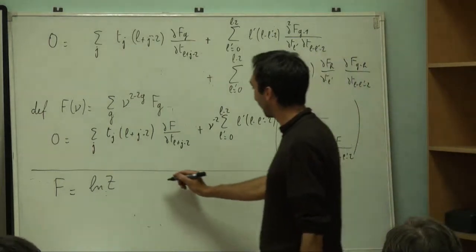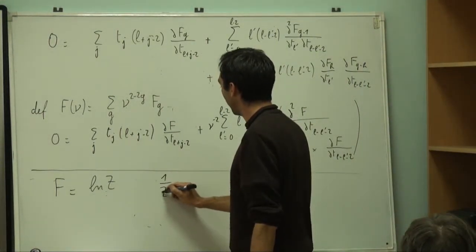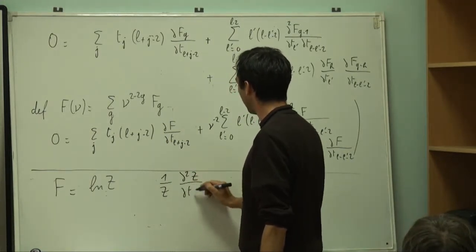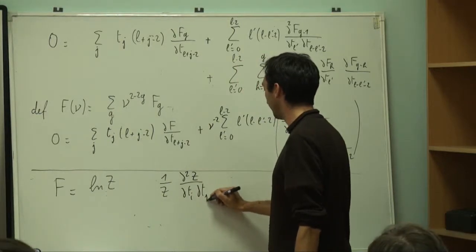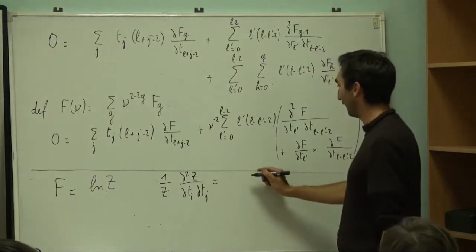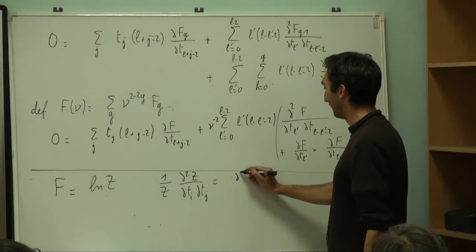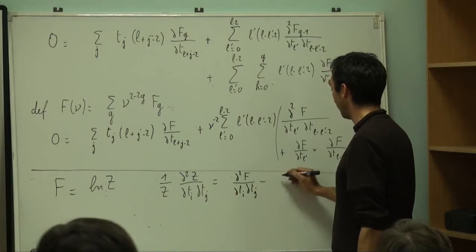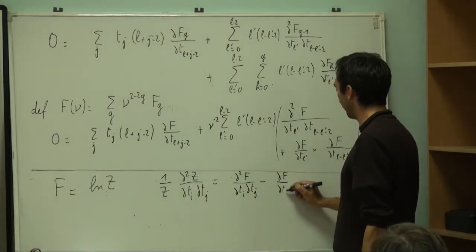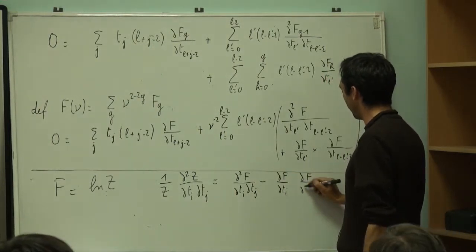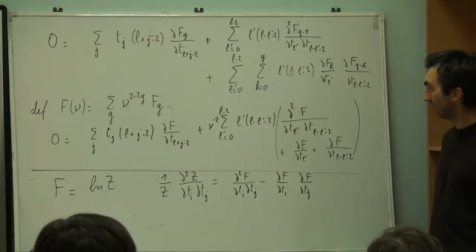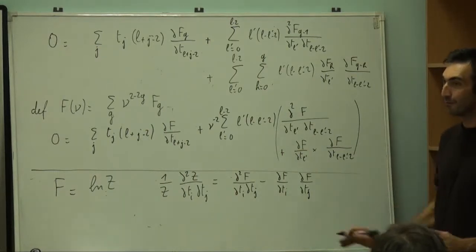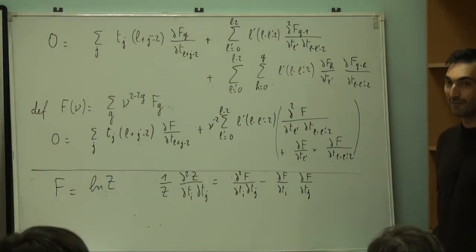And the reason is that 1 over z d2z over dti dtj is exactly d2f over dti dtj plus df over dti df over dtj. I mean, this is just computing the second derivative of a log.